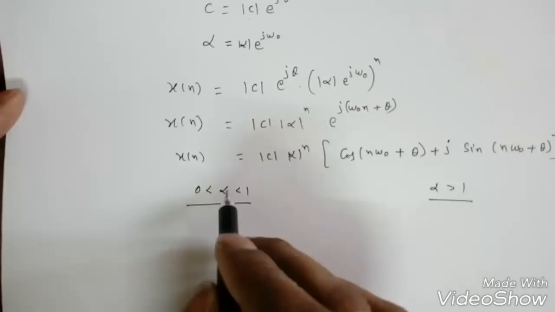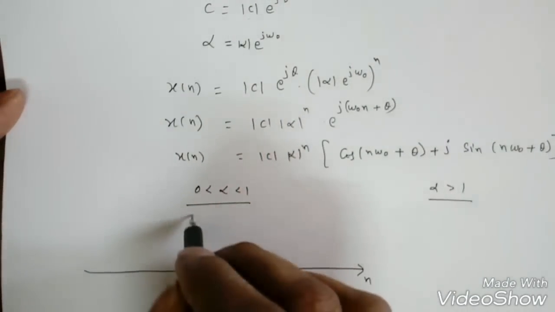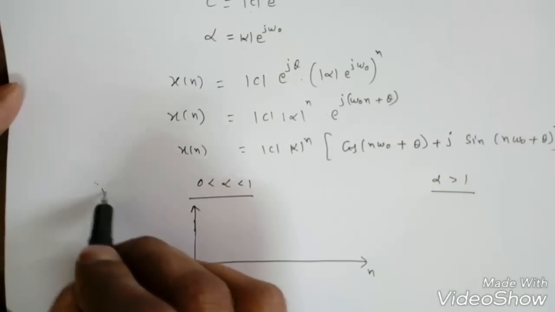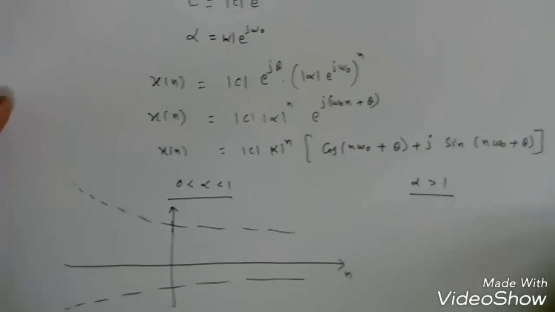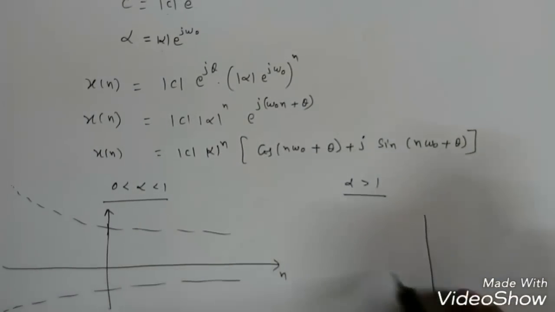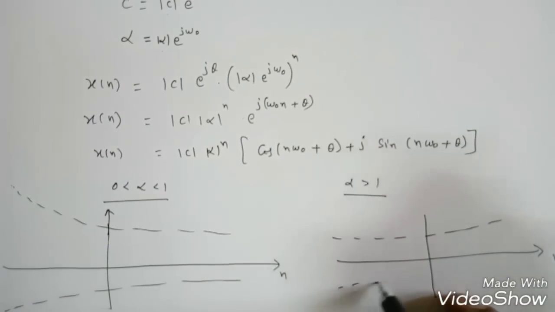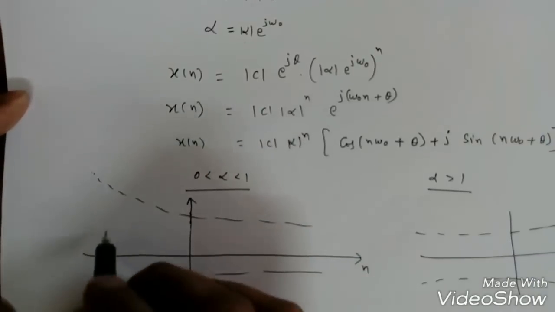If alpha is less than 1, it will be an exponentially decaying function, we have seen already. When alpha is greater than 1, it will be a rising function, somewhat like this. But it is sinusoidal, so it will be like this.